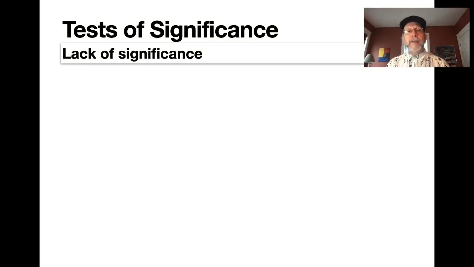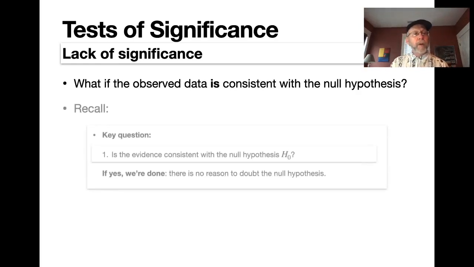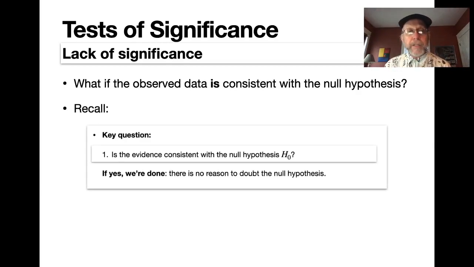There's also the idea of a lack of significance, which can happen. What if the observed data is consistent with the null hypothesis? That didn't happen in our example, but it could have. Recall from that previous slide, if the answer to the first question, is the data consistent with the null hypothesis H0, is yes, we're essentially done.